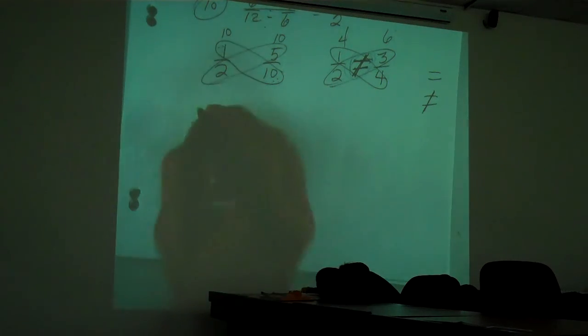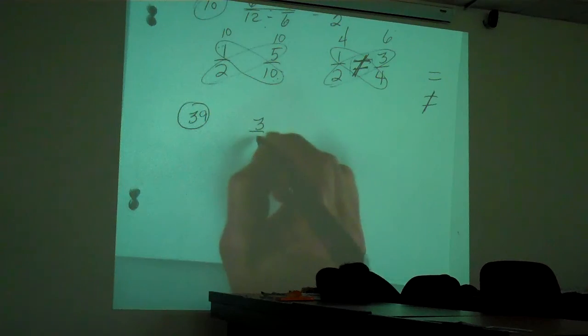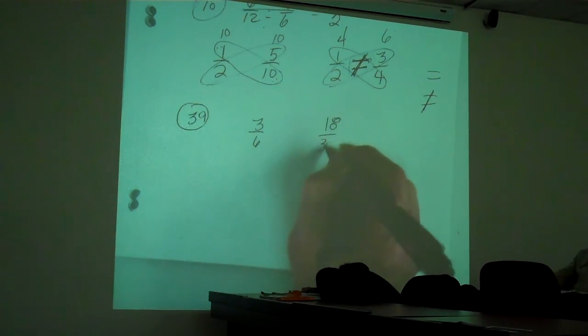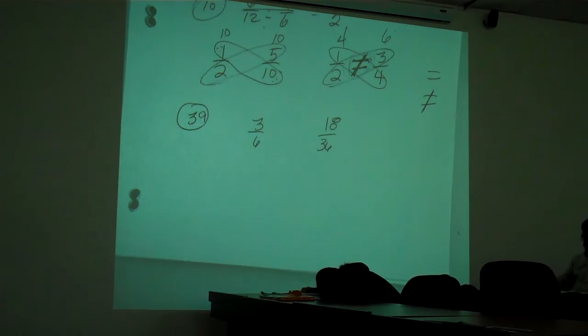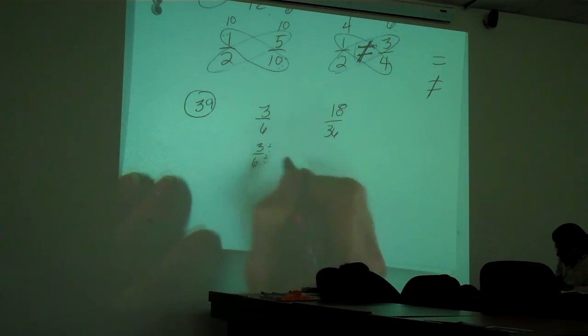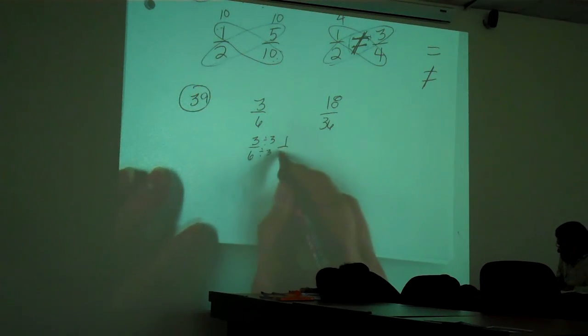On 39, you have the two fractions 3/6 and 18 over 36. You can either do the cross products, which you're multiplying kind of big numbers, or you can reduce both of them. You could do 3/6, and if you divide by the same number, you end up with a half.